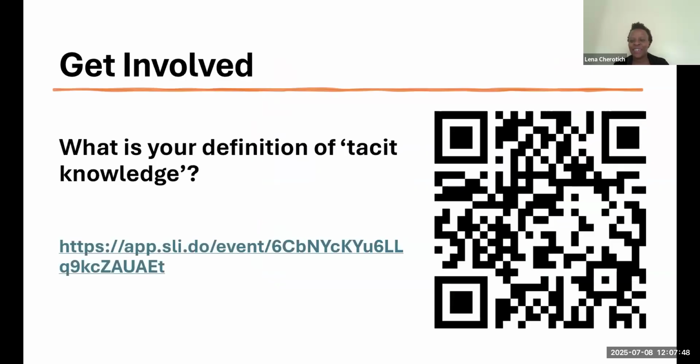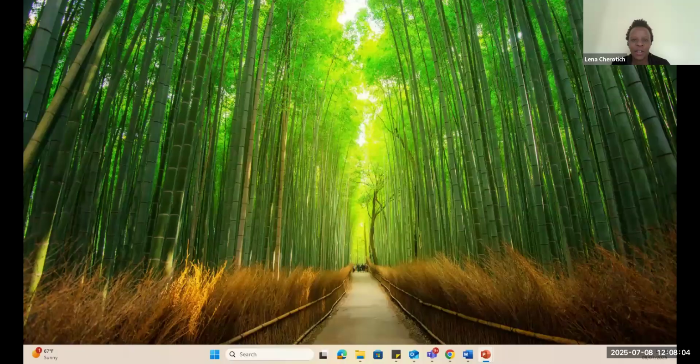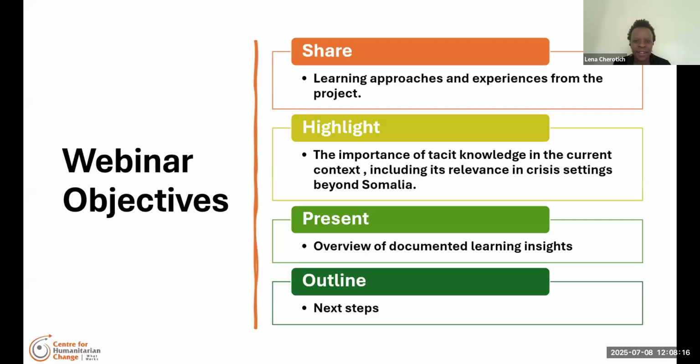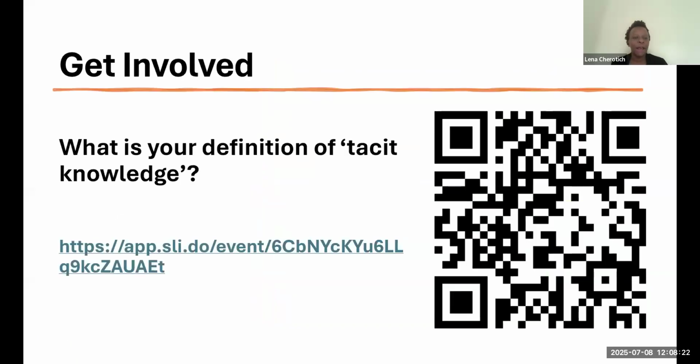All right, just to get us started, as the rest of you keep joining us, again, keep posting on the chat and let us know where you're coming from. But just to get us started, we would like you to share what your definition of tacit knowledge is. You can scan the QR code, or just join through that link.